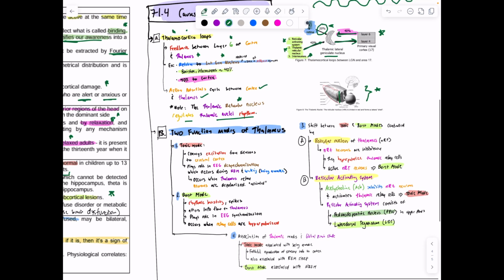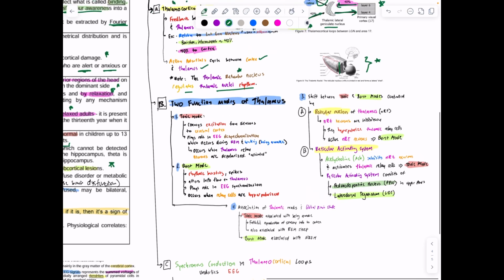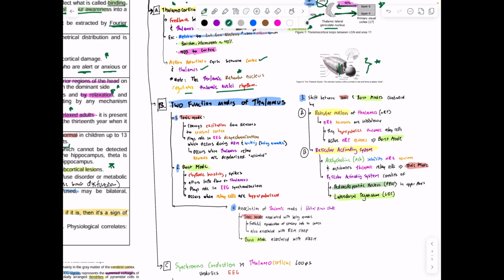And so basically these rhythms follow two functional modes of the thalamus: the tonic mode and the burst mode. The tonic mode is associated with being awake, where you're conveying action potentials from sensors in the body to the cerebral cortex, and it occurs during REM sleep and, as we said, when being awake.